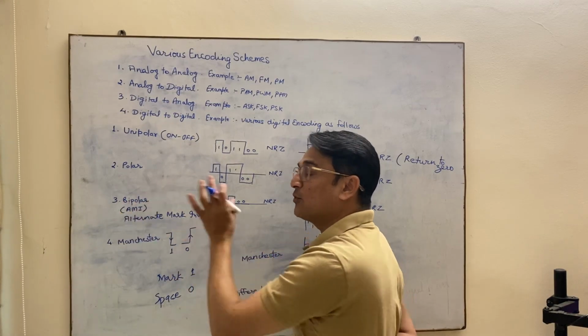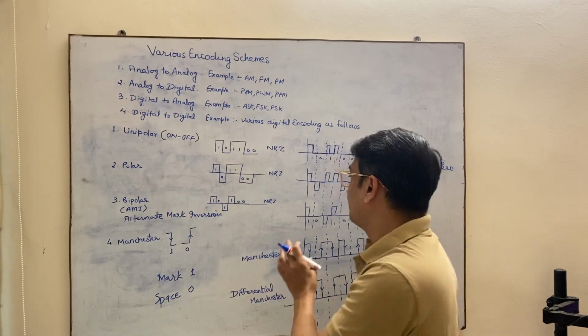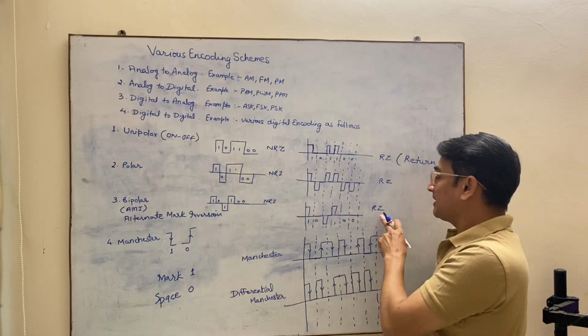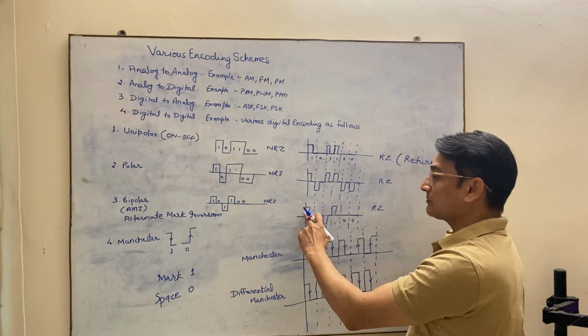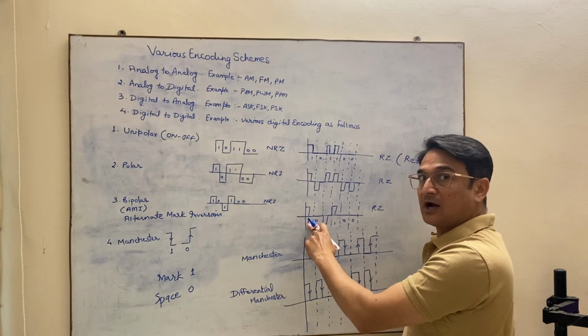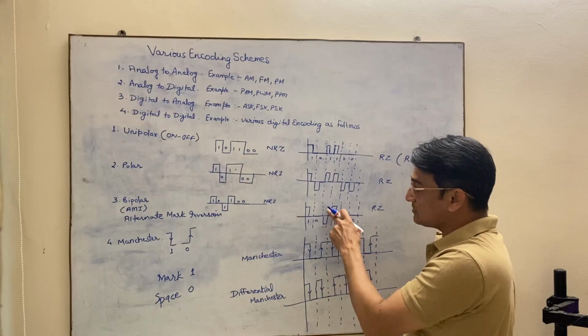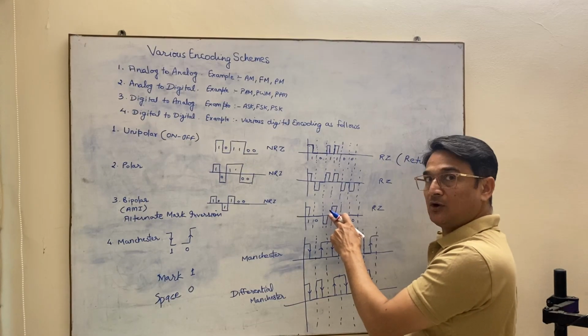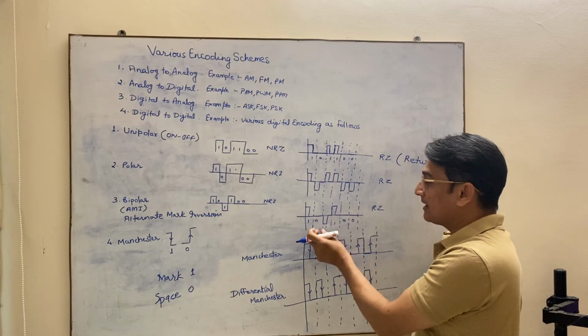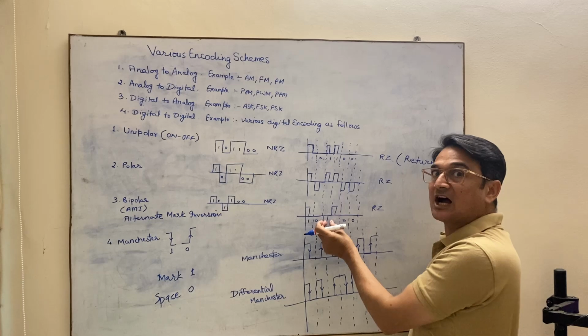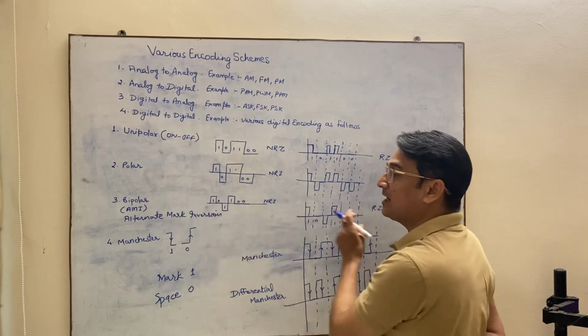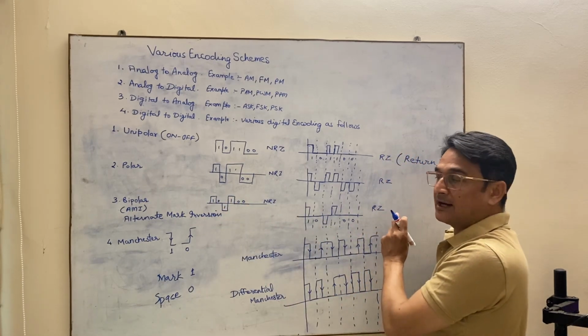So that is why bipolar is also called AMI. Same thing can be represented in RZ form. 1, it is coming to half. This one is also coming to 0. This one is also coming to 0 at the half width or half bandwidth. So this is bipolar or AMI.